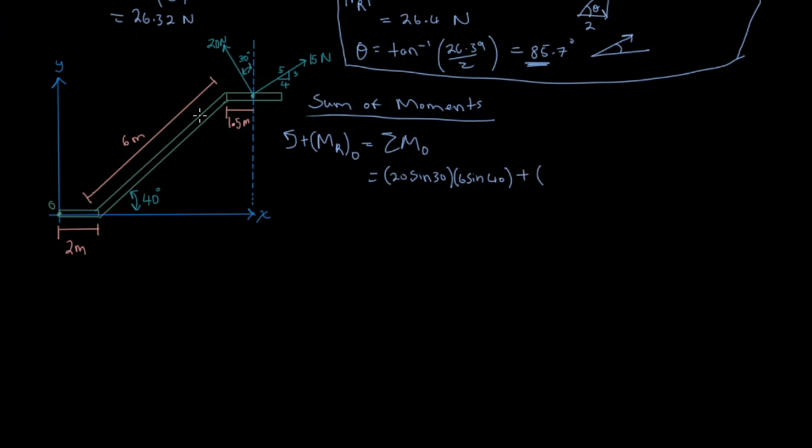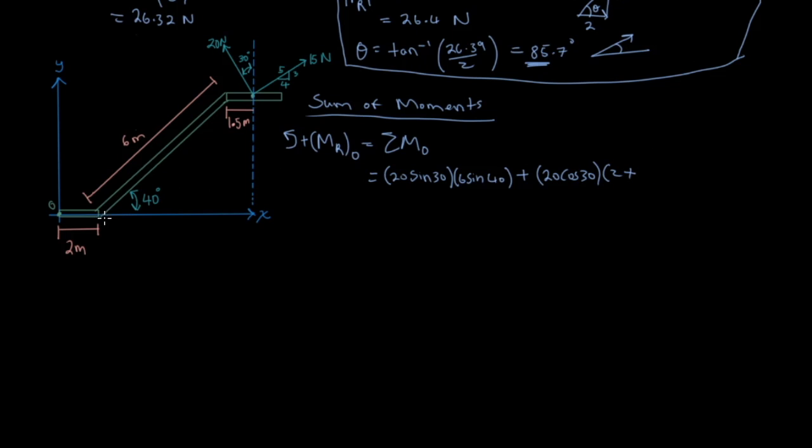So we're going to go force times perpendicular distance. The vertical component of this force is 20 cos 30. And then we're going to multiply this by this entire distance, which is going to be 2 meters plus 1.5 meters, or what I should do is this, just for consistency.